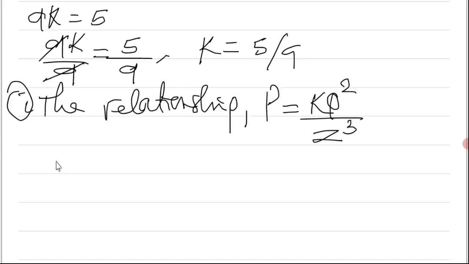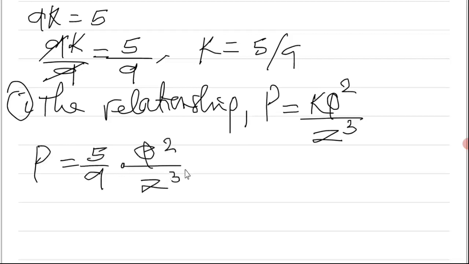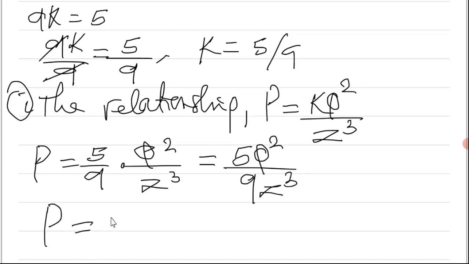We now put in the value of K, which is 5 over 9, times Q squared over Z cubed. Marrying the numerators and the denominators, we have 5Q squared over 9Z cubed. So that is the relationship.